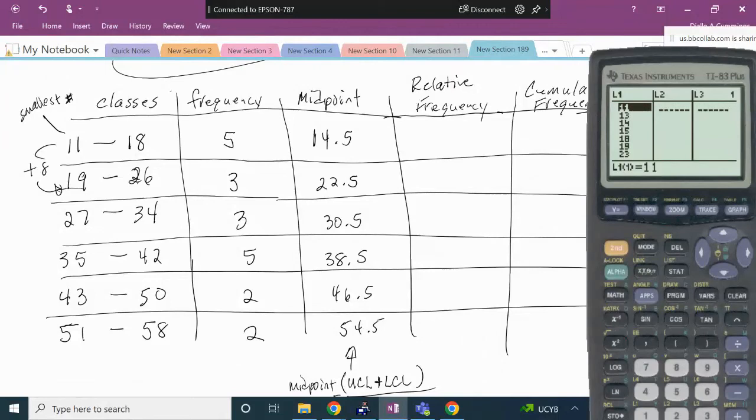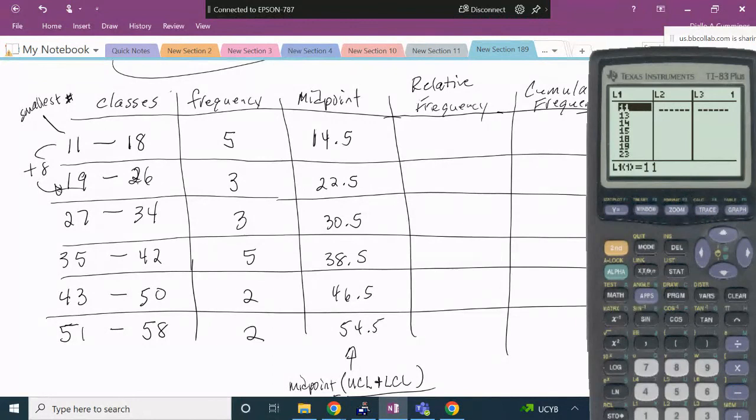And this is a good reason to use a calculator to sort it out, because if you were looking at that table of just random numbers, you may have missed something or added something. And then we found the midpoint, right? The midpoint is the lower class limit plus the upper class limit divided by 2. So once you find this first midpoint, you could actually just add 8, which is that class width, and that will give you all of the other midpoints.